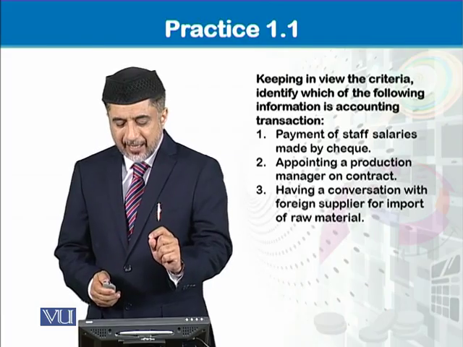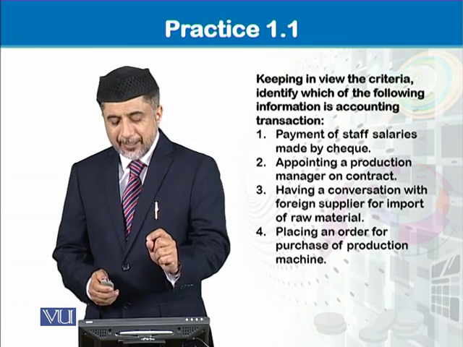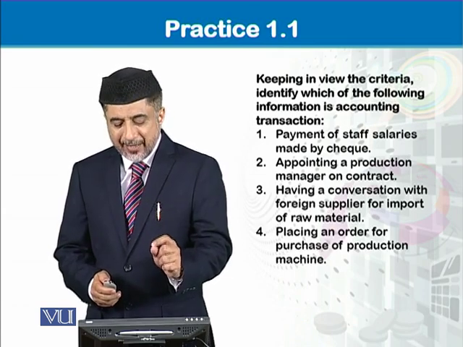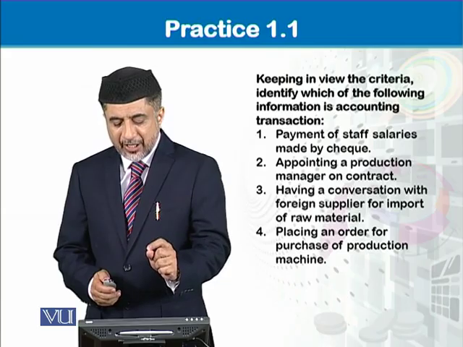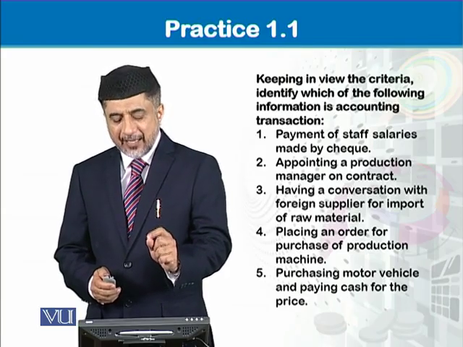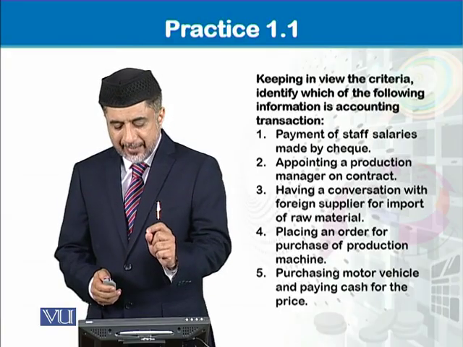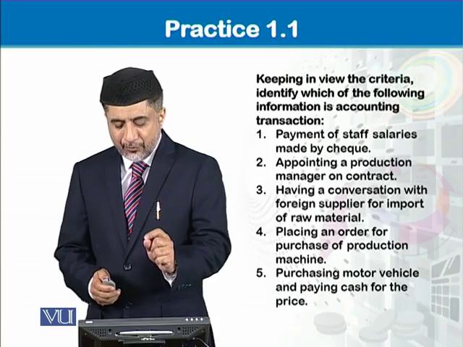The third is having a conversation with a foreign supplier for import of raw material. Fourth is placing an order for purchase of a production machine. And fifth is purchasing a motor vehicle and paying cash for the price.